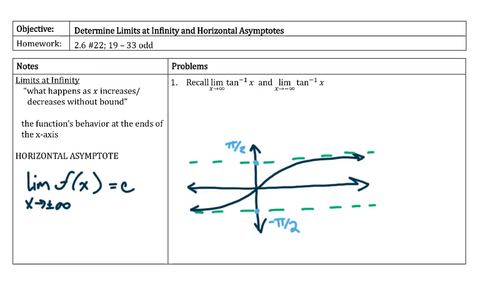So as it approaches positive infinity, we're at the positive one: the limit as x approaches positive infinity of tan inverse is pi over 2. And here it's negative pi over 2. It's nice to review these because they show up a lot when we talk about things approaching infinity.